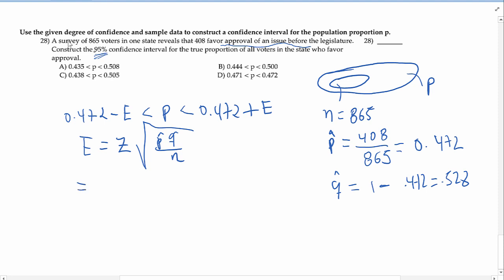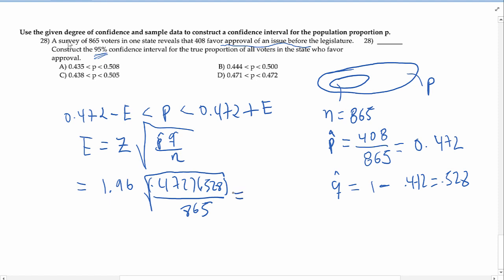So for a 95% confidence interval, the z-value is 1.96. Some of those we start memorizing, so we don't have to look at the table every time. The proportion in the sample who favor is 0.472, and who doesn't favor is 0.528, divided by how many people were surveyed, which is 865. And all this inside the radical. So let's find out what this number is.